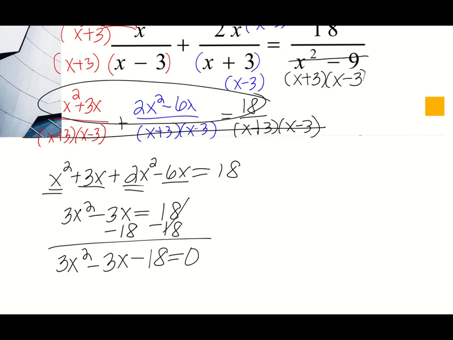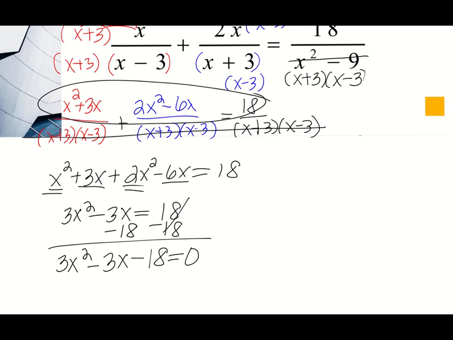Now I have to factor that. Obviously, right now, I have a lead coefficient of 3, and I can factor with a lead coefficient. That's totally fine. However, there is a greatest common factor. So remember, if we have a lead coefficient, we want to see, can we take it out?